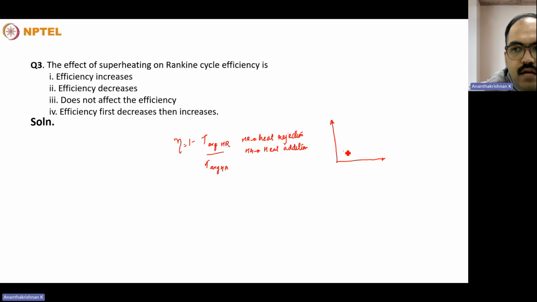Imagine a cycle where there is no superheating and everything happens within the vapor dome. And for the same heat, for now what we do is we try to simulate another case where there is a superheating.